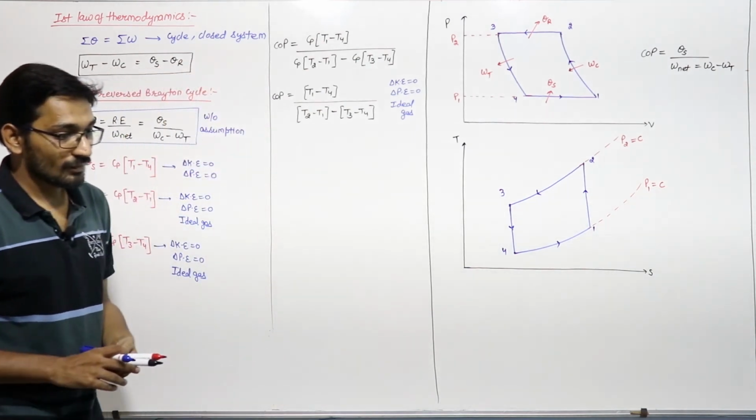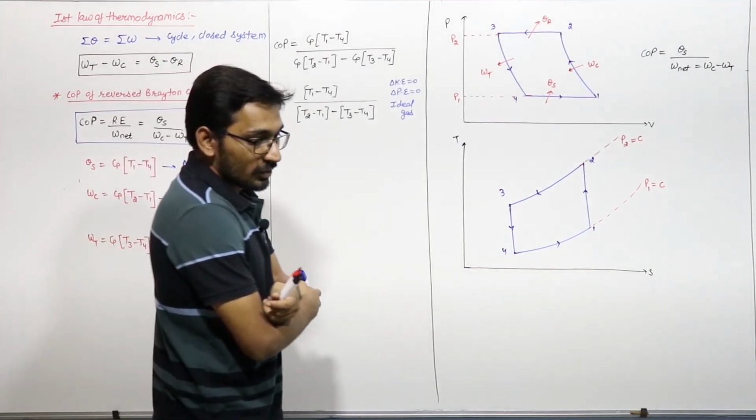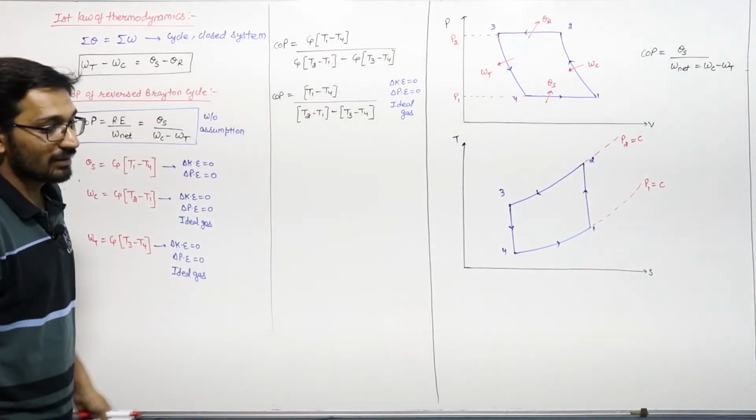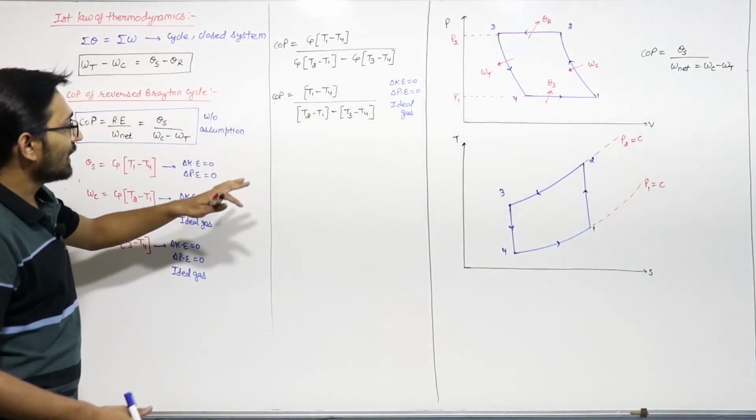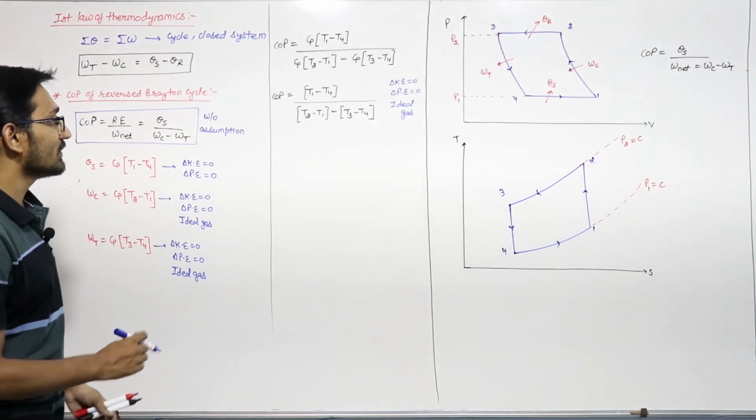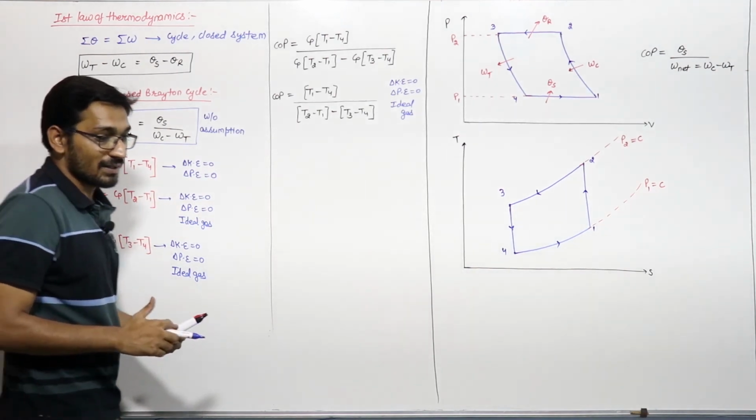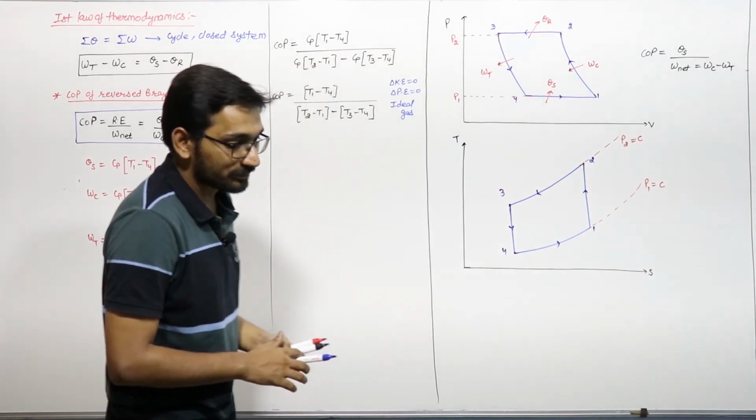So this will be equal to T1 minus T4 divided by T2 minus T1 minus of T3 minus T4.